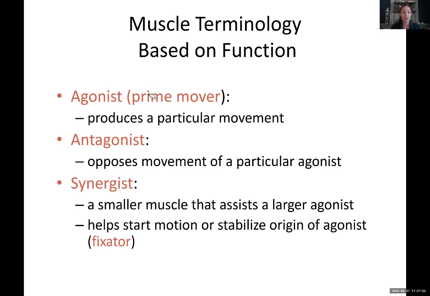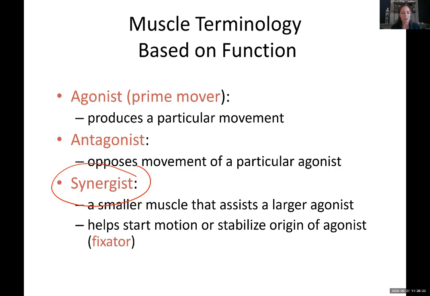Now there's a synergist, which usually tends to be smaller muscles. A synergist is a helper muscle. So maybe our hands and arms are straight up above us, like we're diving into the water, and we're pulling our arms straight down. This movement of our arms down would utilize our latissimus dorsi. It's a big muscle in our back. We'll talk about this a little bit later.